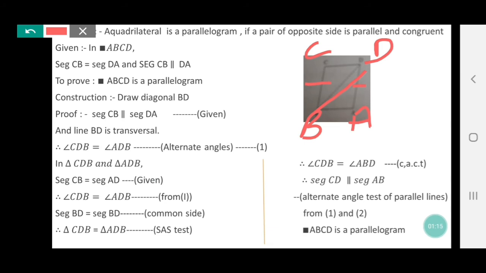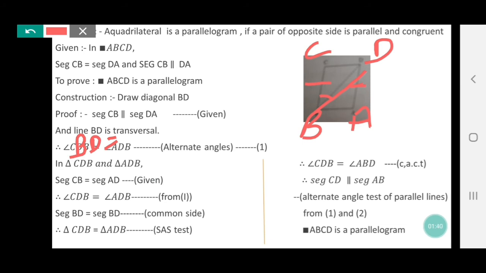So, which of the alternate angles will be congruent? These two angles will be congruent to one another. Which are they? Angle CBD is equal to angle ADB.